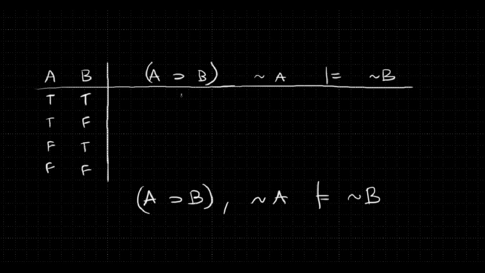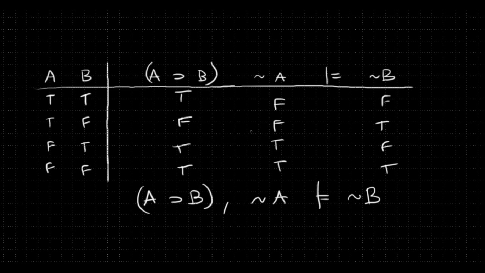So A, then B is going to be true, true, false, true, true; not A is false, false, true, true; and not B is false, true, false, true. Again, all we need to do now is just look.